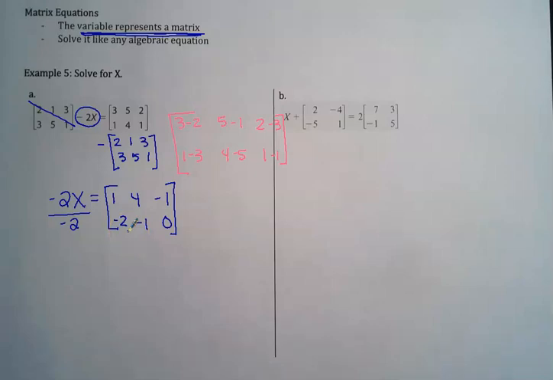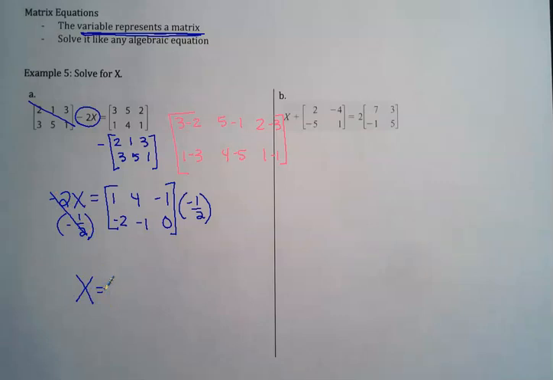We haven't talked about any division. So let's actually use that here. Instead of dividing, let's multiply by negative 1/2. So we're going to take this and multiply by negative 1/2, because then these would cancel and we'd be left with matrix X equals.